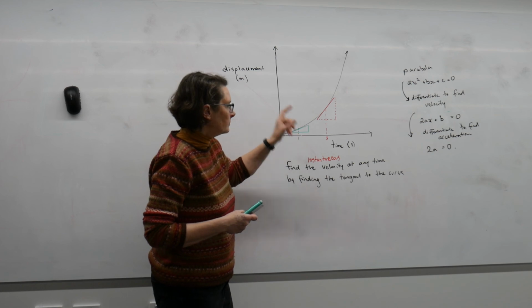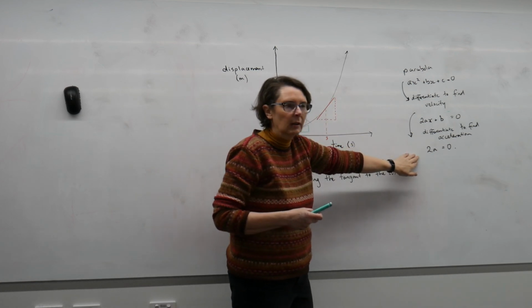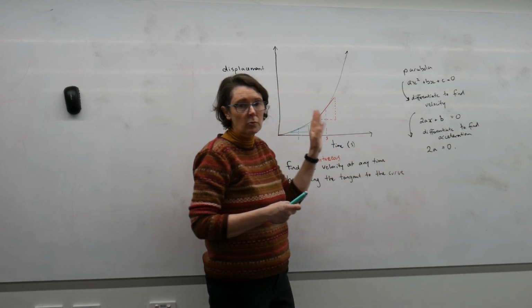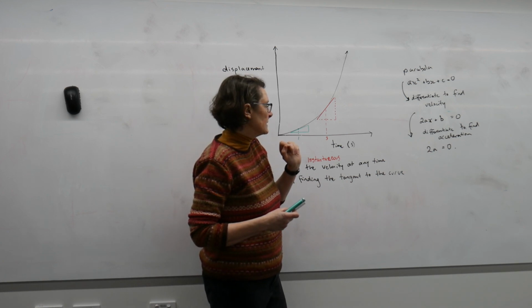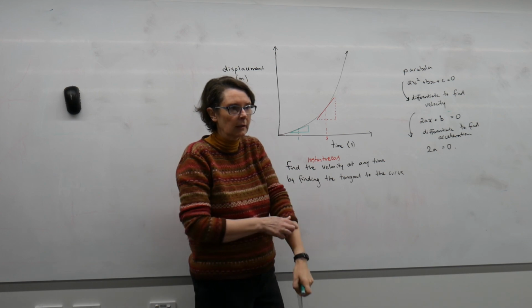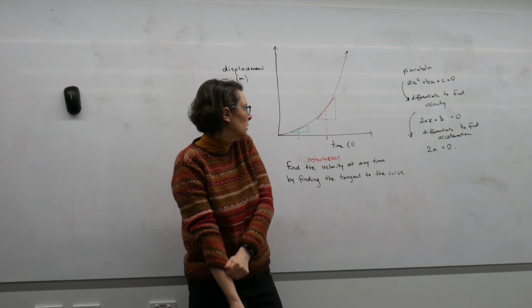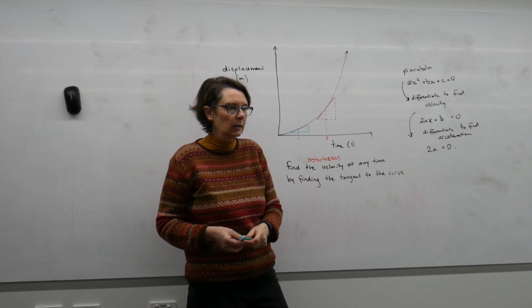And for this reason, where we end up with constant acceleration, if this is displacement, we won't end up with constant acceleration if we're not dealing with a parabola like this. Does that make sense? So yeah, that's how we find the instantaneous velocity.